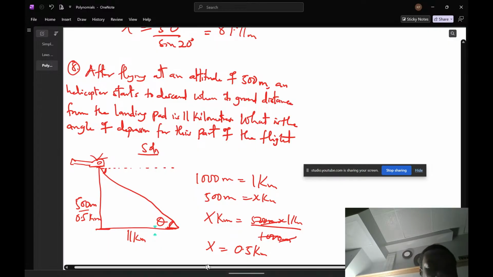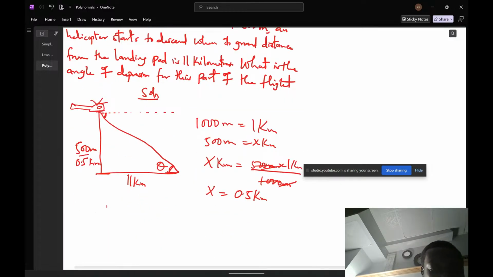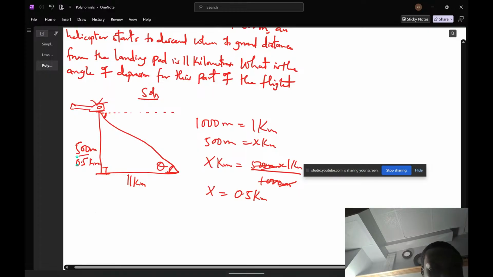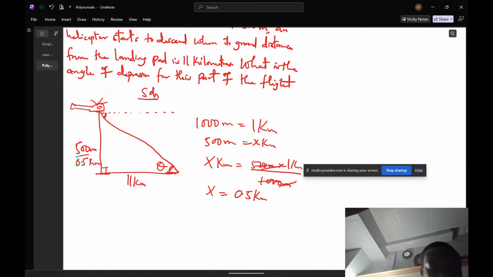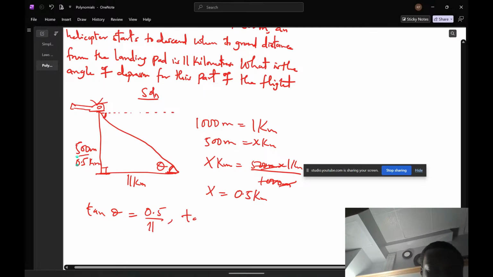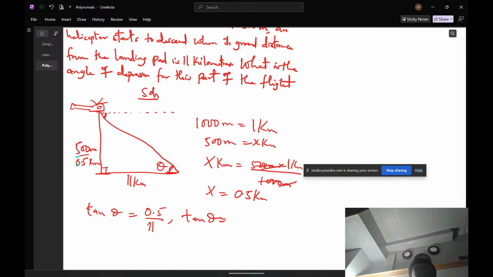So if you want to find theta now, we have the opposite and the adjacent. So tan theta equals the opposite, 0.5, divided by 11. So tan theta equals 0.5 divided by 11, which gives us 0.04545.